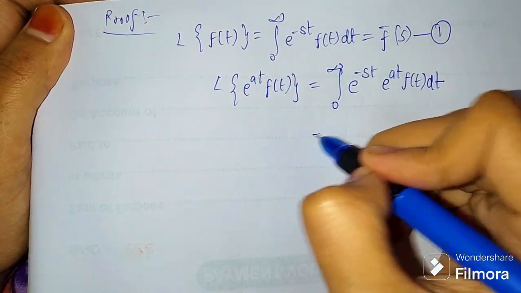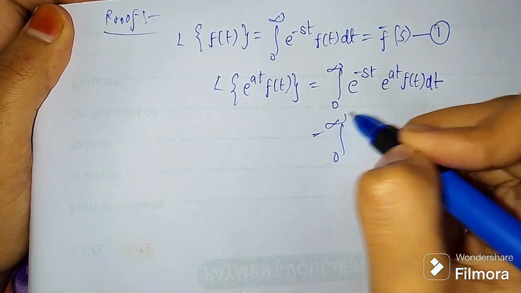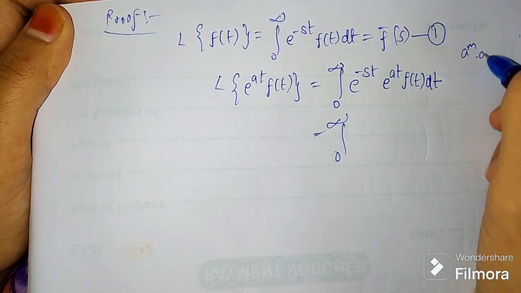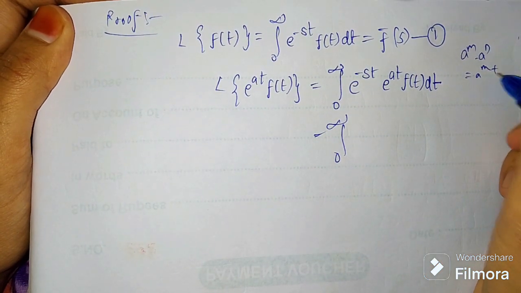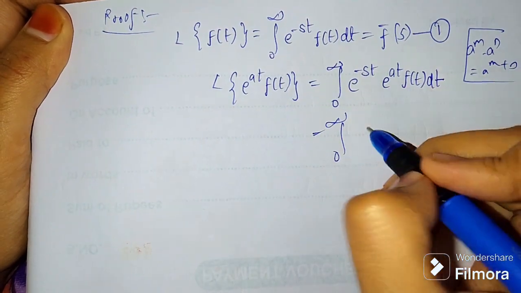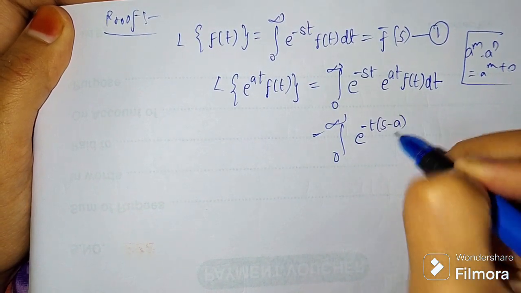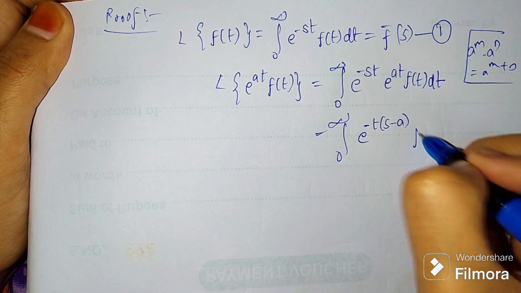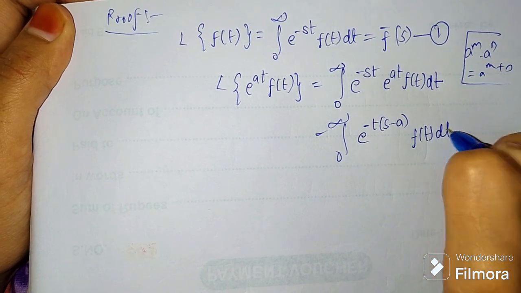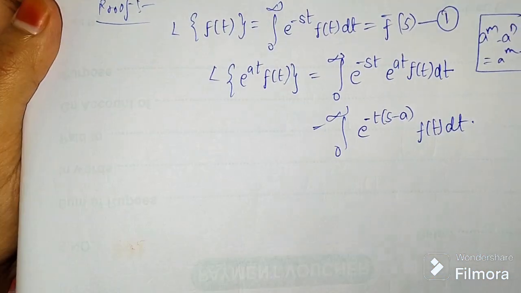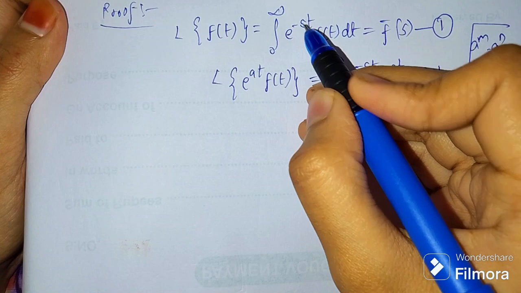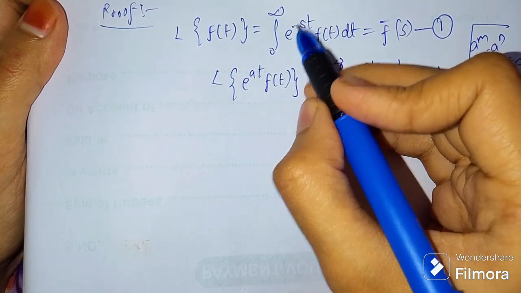Now what is a power m into a power n? A power m plus n, right? So this will become e power minus t into s minus a, if I take out common t, f of t dt. Now see, with minus t, if s is there, we wrote f bar of s.